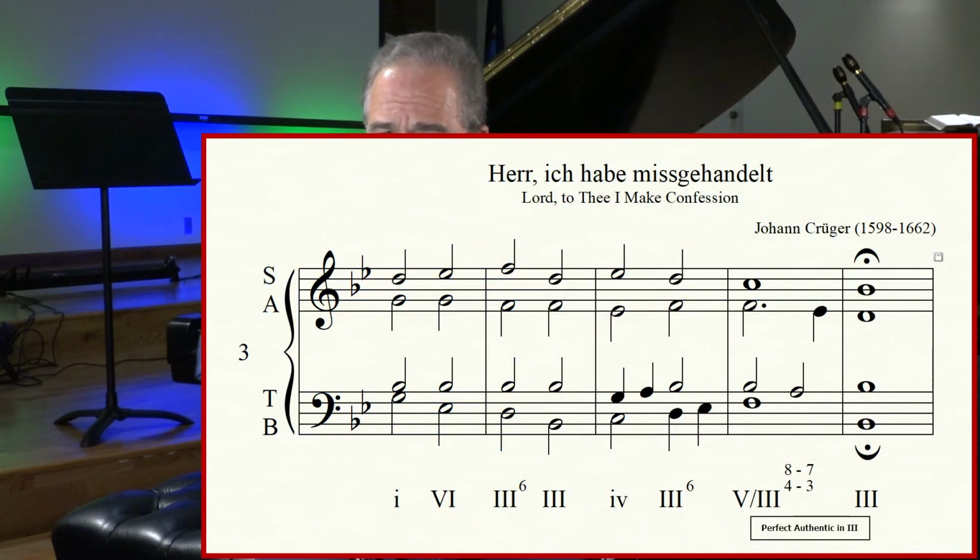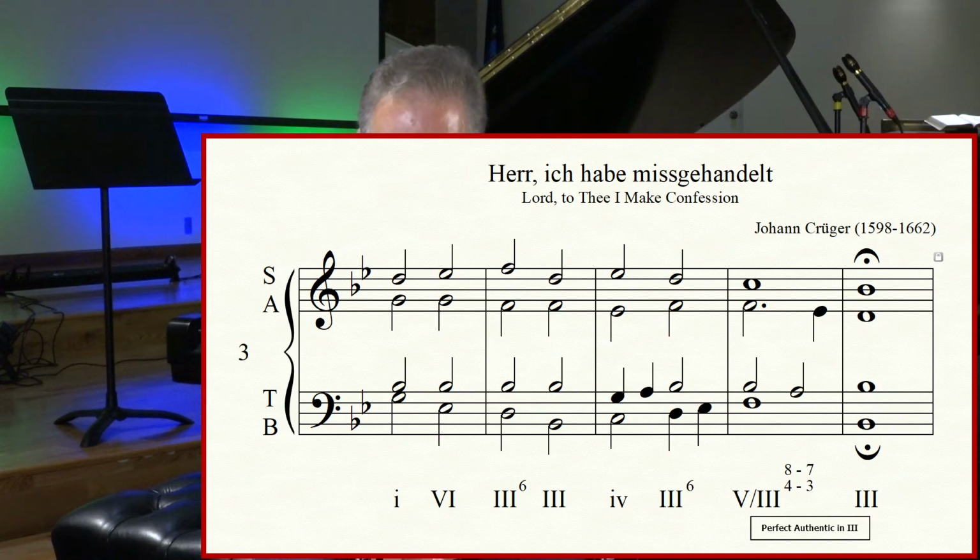Let's look at the cadence in here. What kind of a cadence do we have? Well, we have a 5-1 harmonic progression, therefore we have an authentic cadence. All right, it's not in the original key of G minor. It's in the key of B flat, or III. That's why we call it an authentic cadence in III. Now, let's look to see if it's perfect or imperfect.